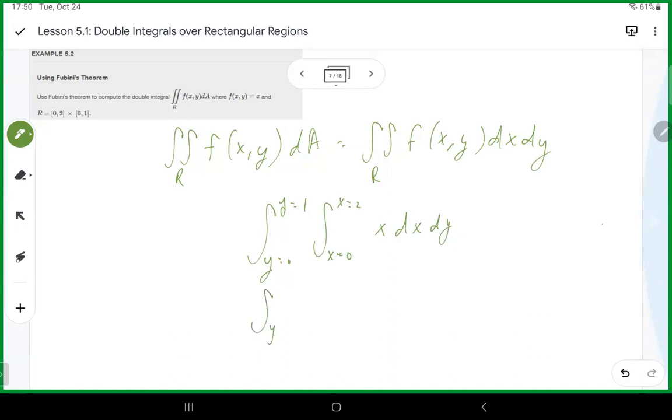So then if we leave the outside one alone and we integrate, then we will do the same.